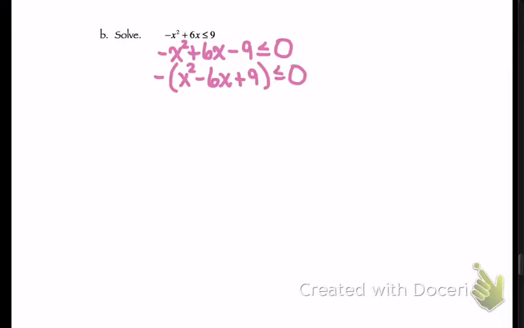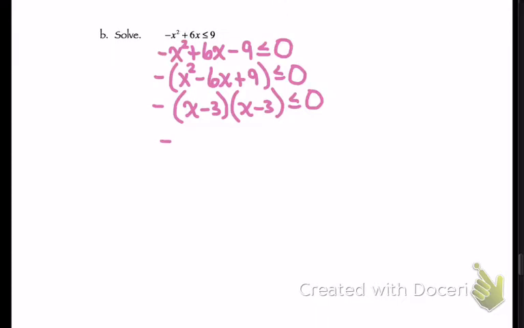When I factor the negative out, the negative x squared becomes positive, the positive 6x becomes negative, the negative 9 becomes positive 9. I basically just changed all of those signs. Okay, now I can factor it from here. Two numbers that multiply to get positive 9, add to get negative 6. Well, it's negative 3 and negative 3.